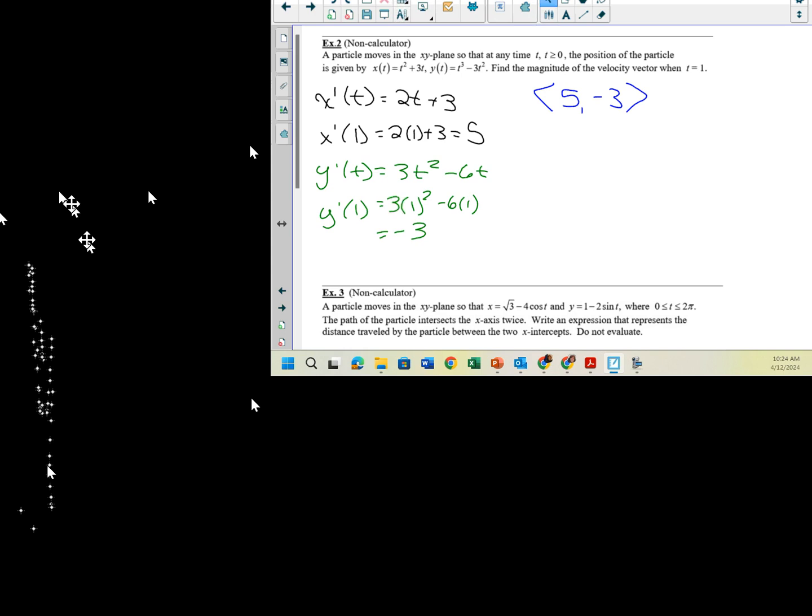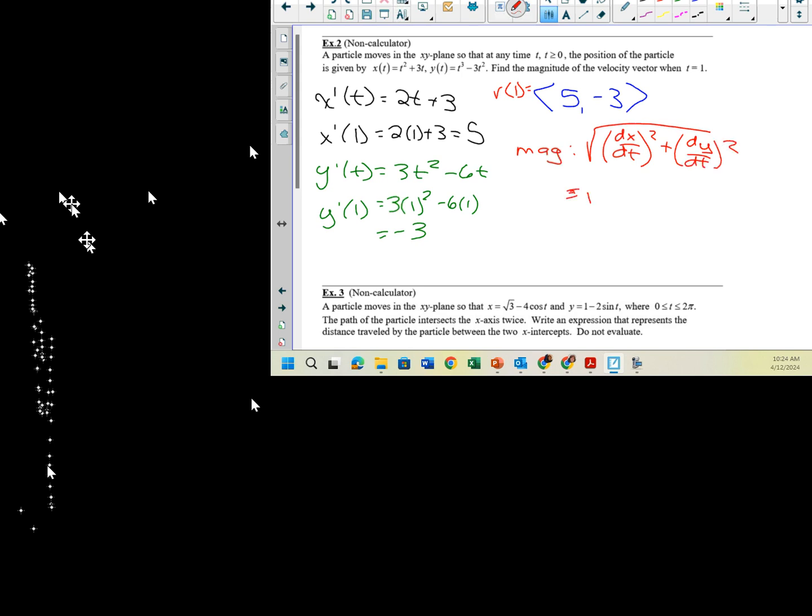All right. Magnitude. Magnitude is the square root of dx dt quantity squared plus dy dt quantity squared.